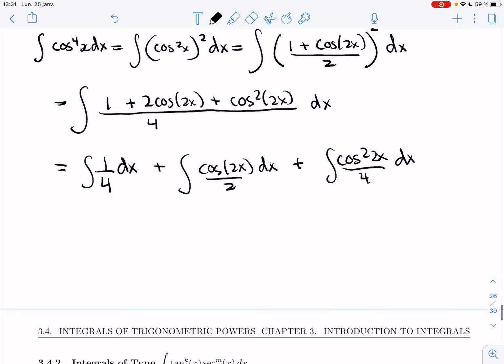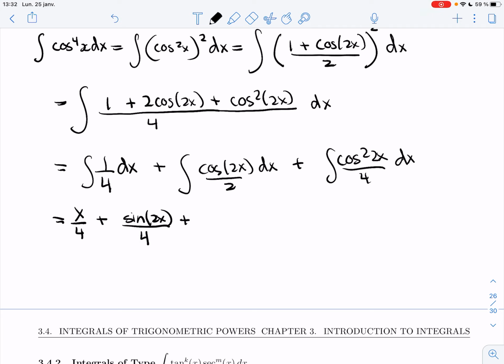All right, so here I get x over 4. Next one over, I get sine 2x, and the takeaway tells me to divide by 2, so I get over 4.